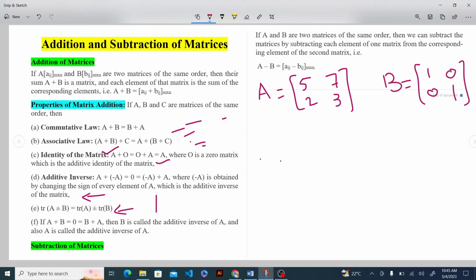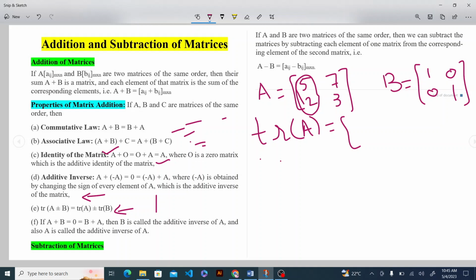Okay, now let us take the transpose of A. In transpose, we have to change the order in a way that we change column into row and row into column. The first column will be equal to the first row.